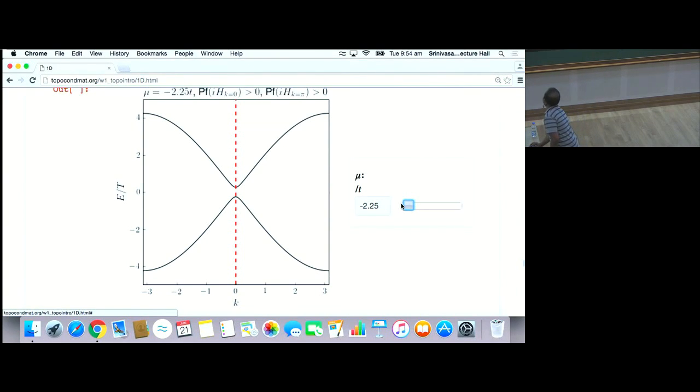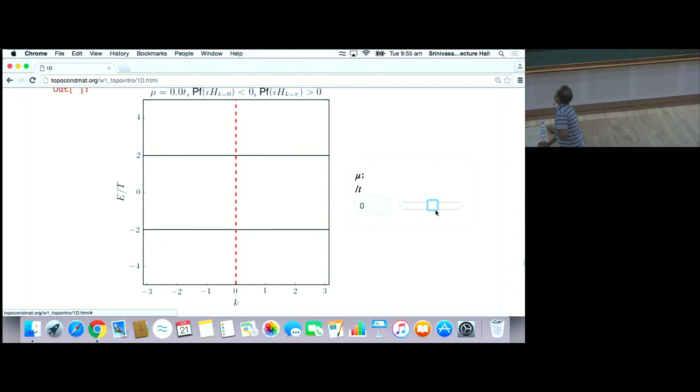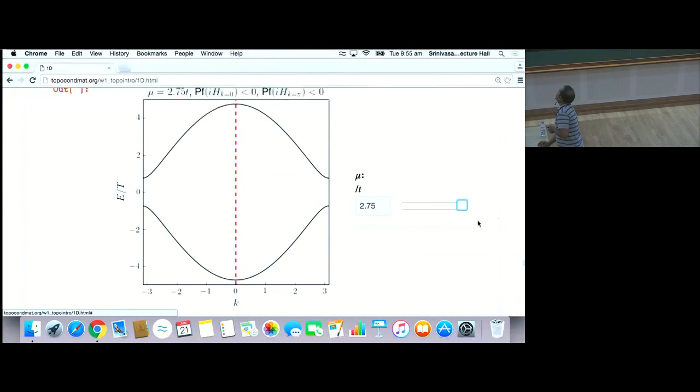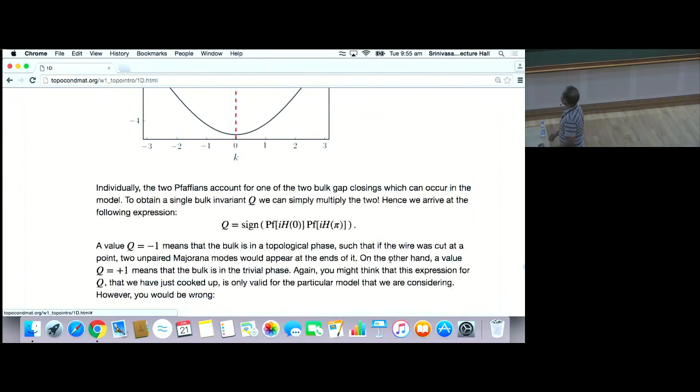Then when the gap closes, at this point one of these Pfaffians changes sign, so now I change into the topological phase. And then finally, as I go forward, the other one changes sign. So as the gap closes, the Pfaffians change sign.